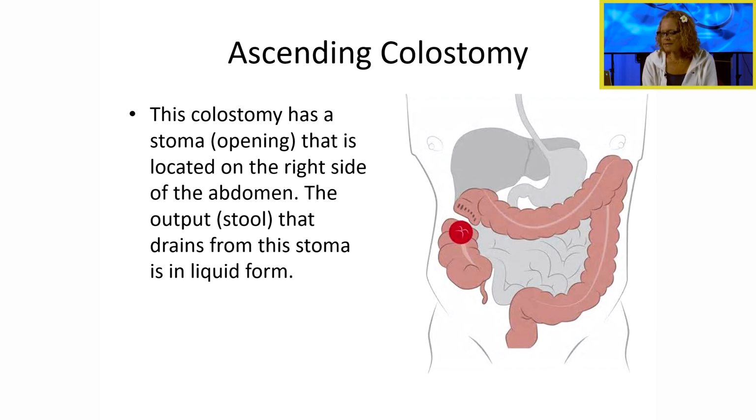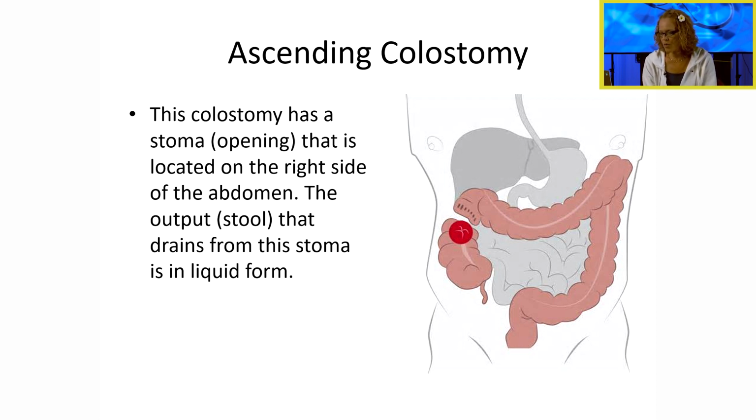So for an ascending colostomy, there's going to be a stoma, an opening that's located on the right side of the abdomen that puts stool out, and the stool will drain from the stoma in a liquid form.